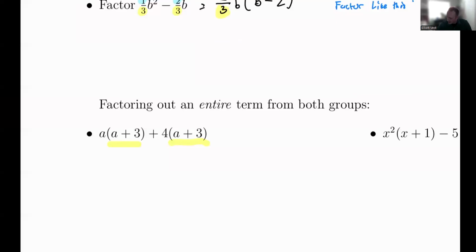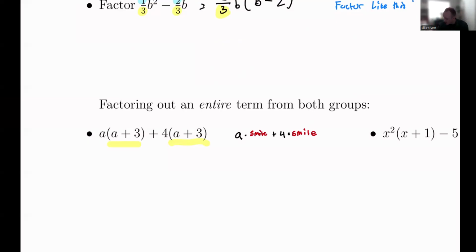It's kind of like if I have, let's write it like this, a times, let's just put the word smile, why not, plus 4 times smile. If I wanted to factor out, they both have the smile as a common factor.